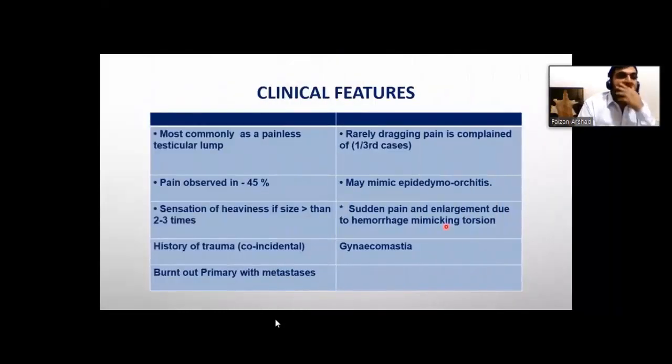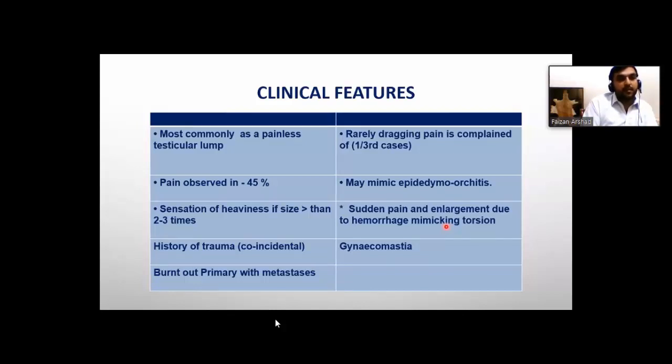Clinical features: most commonly a painless testicular lump. Pain is observed in 45%, and a sensation of heaviness if the size is greater than 2 to 3 times normal. History of trauma, burned-out tumors with metastases.